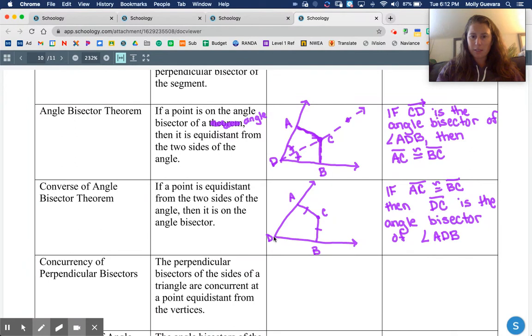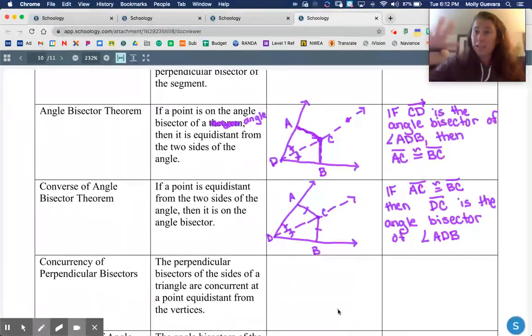So I'm able to say, hey, this angle and that angle are the same. So it's just, again, going back and forth.